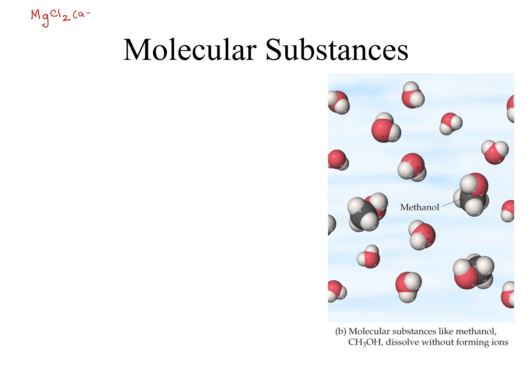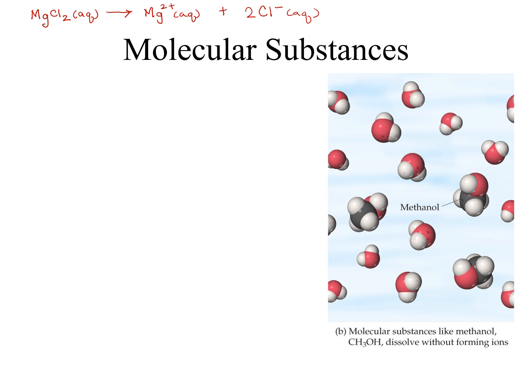So when it dissolves, you can write an equation saying magnesium chloride produces magnesium ion and chloride ions. The formula for chloride is Cl negative, and you will get 2 chloride ions for every 1 magnesium chloride because there are 2 chlorines in the formula. So ionic substances dissolve by breaking down into ions.